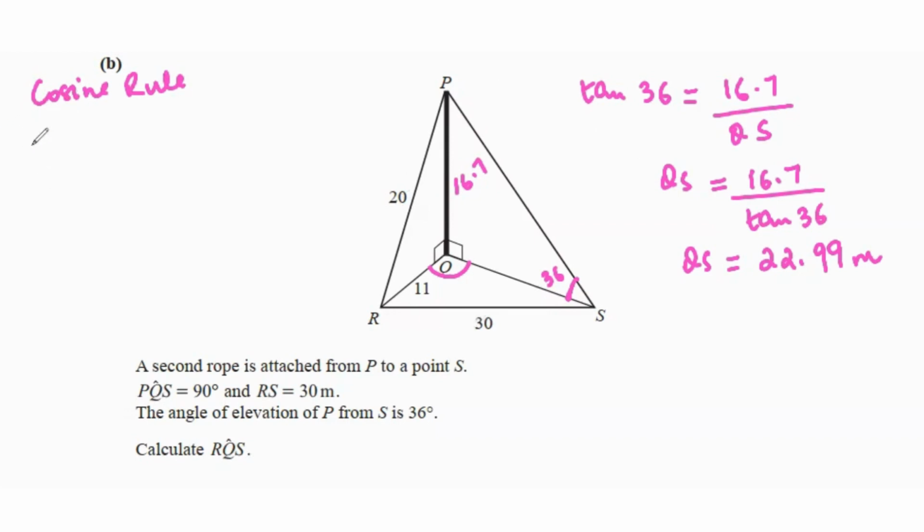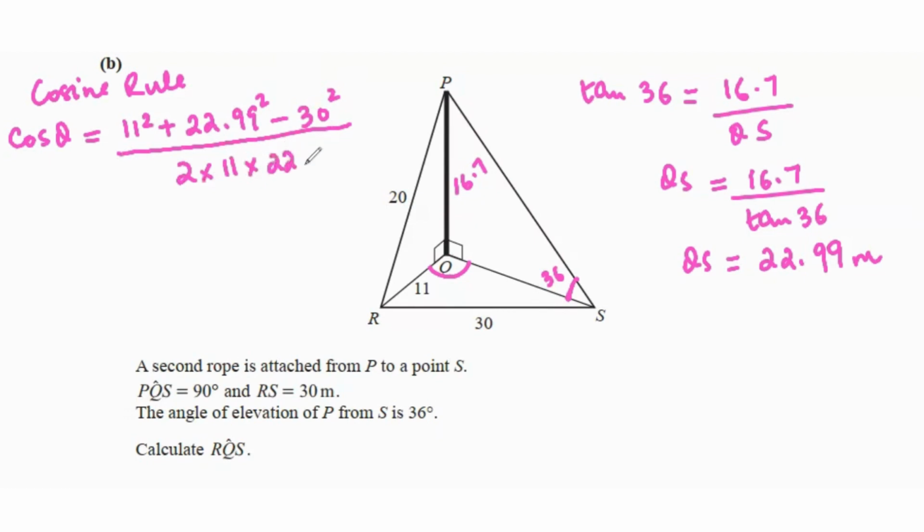So we will do cos of Q equals 11 squared plus 22.99 squared minus 30 squared, divided by 2 times 11 times 22.99.